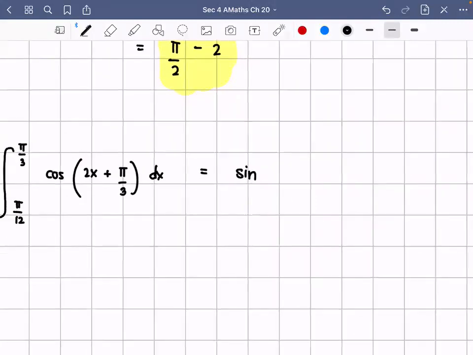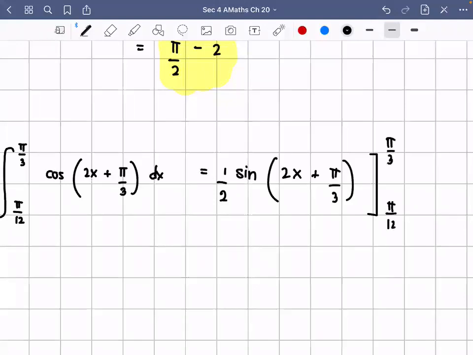It becomes 1/2 sine of 2x plus pi over 3. Okay, and then let's find for the upper and lower limit from pi over 12 to pi over 3.